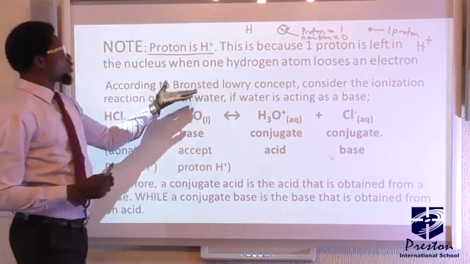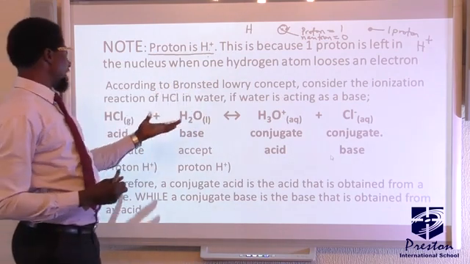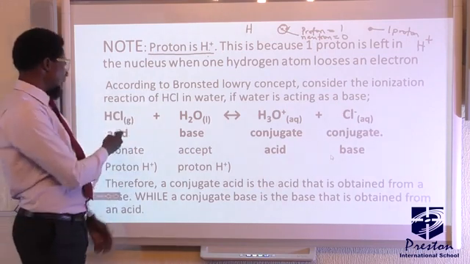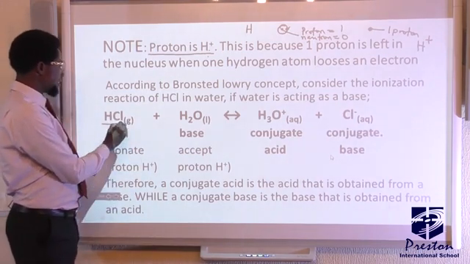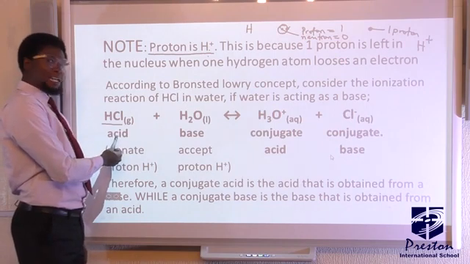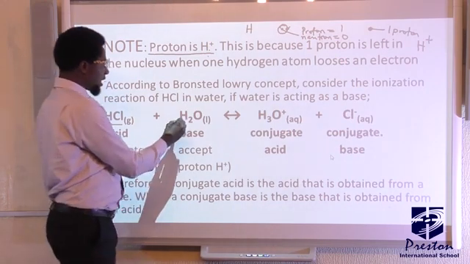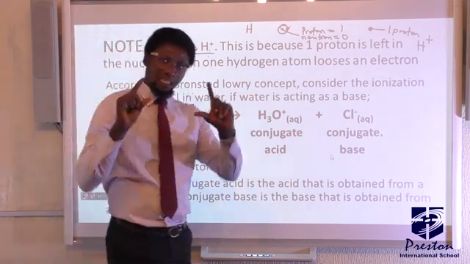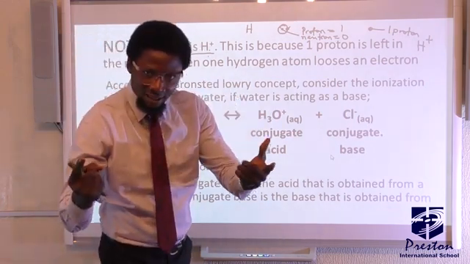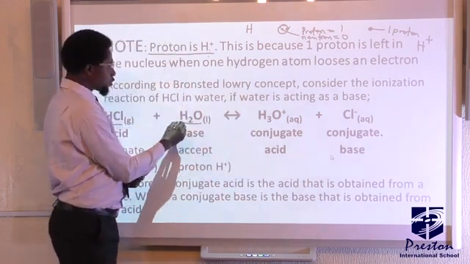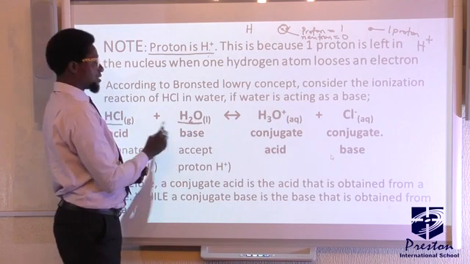According to the Brønsted-Lowry concept, let us consider this reaction here. Let us consider the ionization reaction of hydrogen chloride gas. This hydrogen chloride gas is an acidic gas, so it is representing an acid. And this is water. Because of the amphoteric nature of water, that is, it has the ability to react as an acid as well as a base, let us assume that this water is reacting as a base.